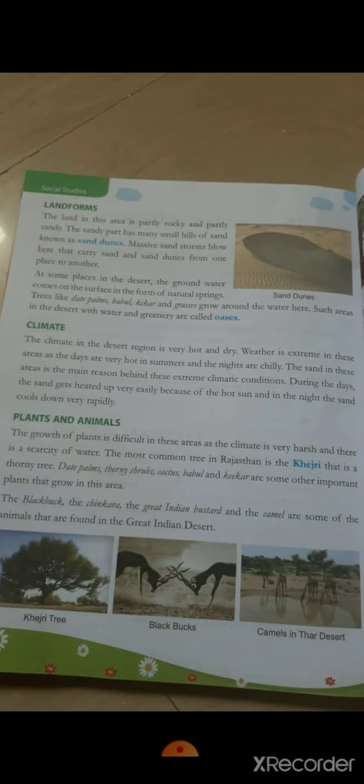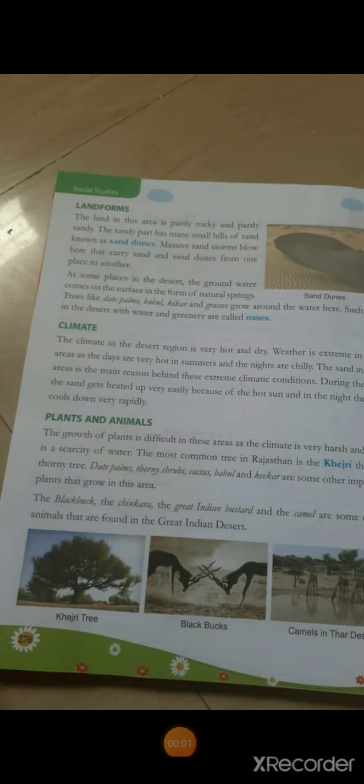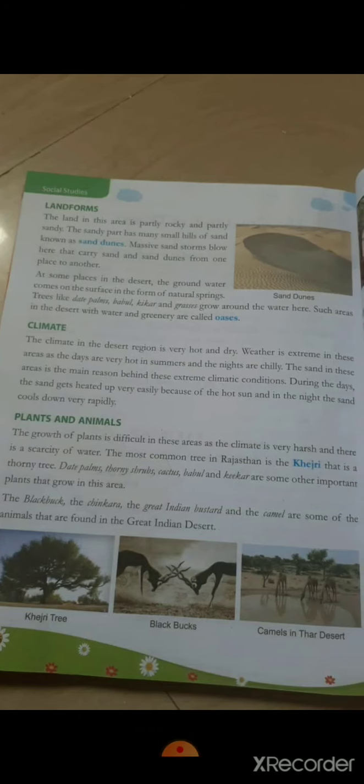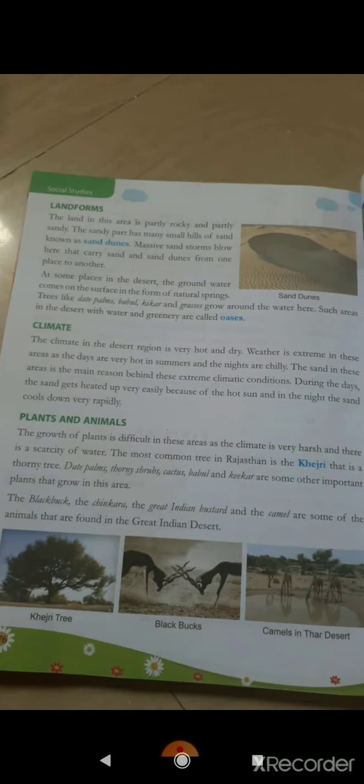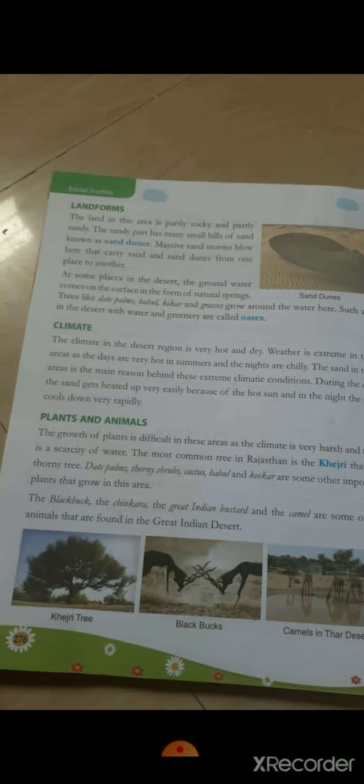Date palm, the blackbuck, the chinkara, the great Indian bustard, and the camel are some of the animals that are found in the Great Indian Desert. In the given picture, we can see the various animals and trees which are found in the desert: the khejri tree, blackbuck, and camels. These all belong to the Indian desert.